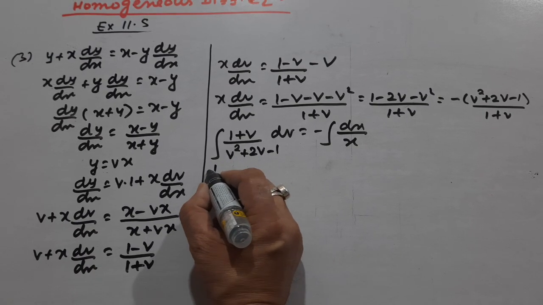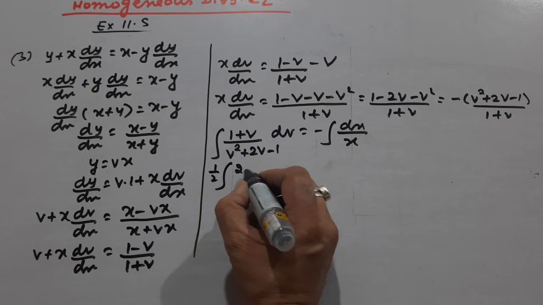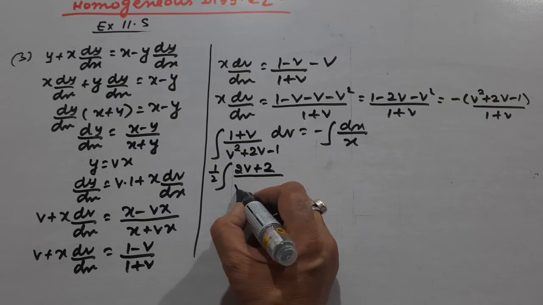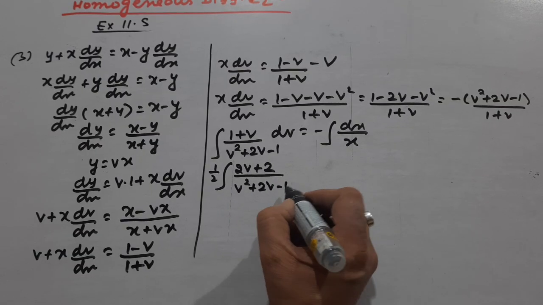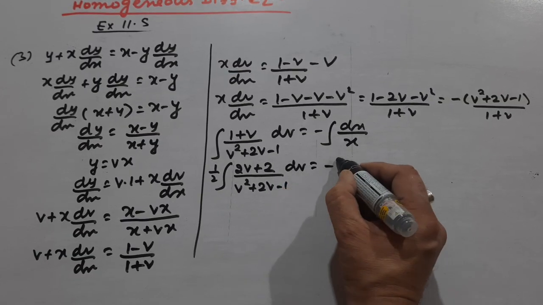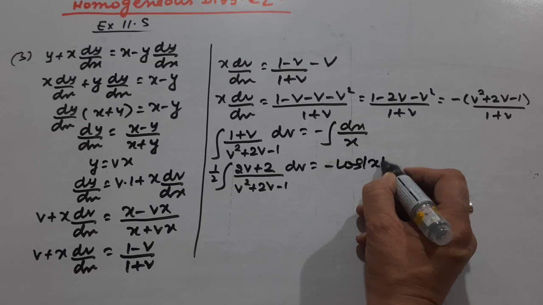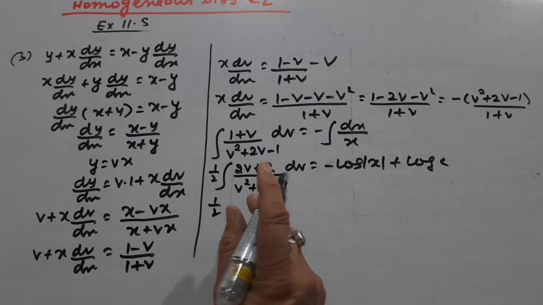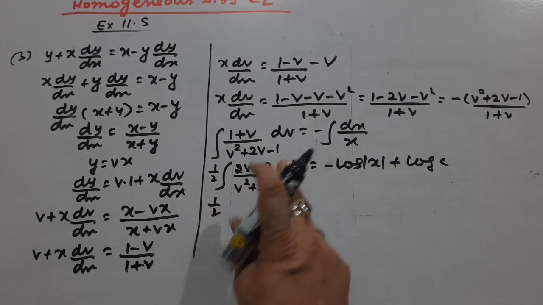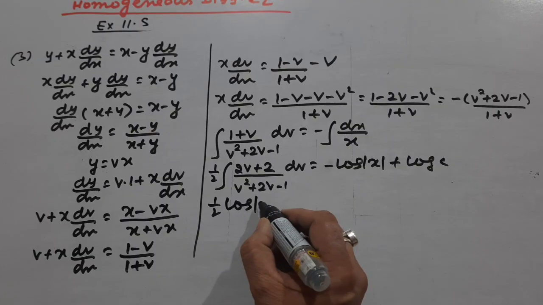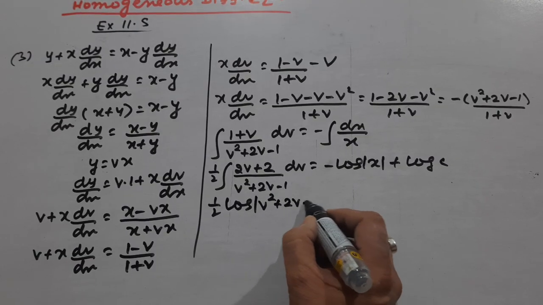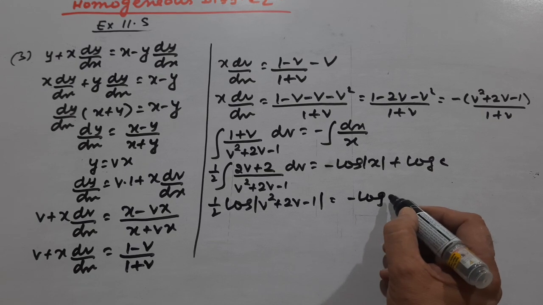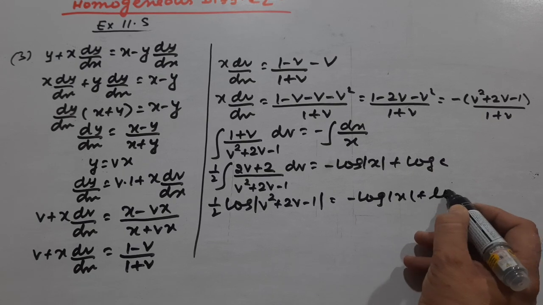So multiply by 2 and divide by 2. So we get (2v + 2)/(v² + 2v − 1) dv = −2 dx/x, that is, −log x + log c. And the integral of this factor is, this is the function and this is its derivative. So we get log(v² + 2v − 1) = −log x + log c.